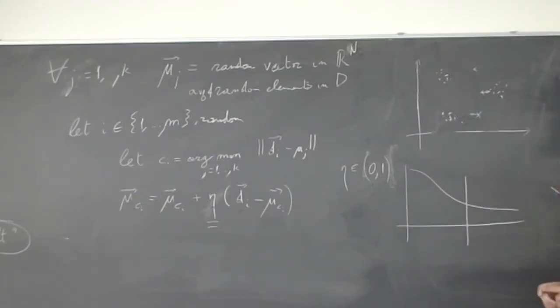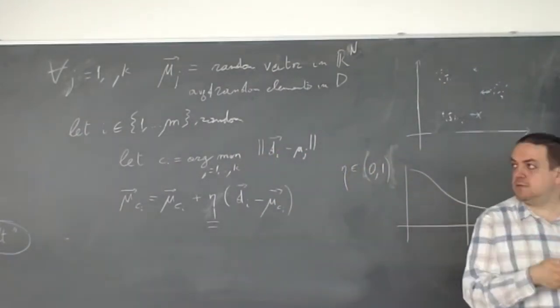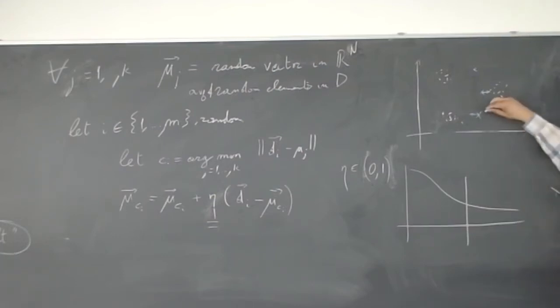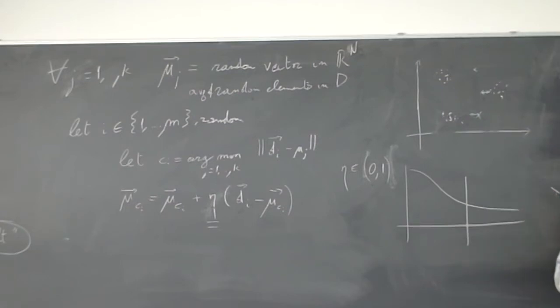Another possible choice is a probabilistic one. Rather than always choosing the closest representative to the document, maybe we can choose the representative randomly, but with a probability that is inversely proportional to the distance, so that the closest one is chosen with higher probability.